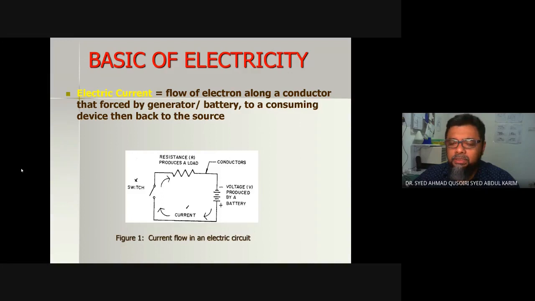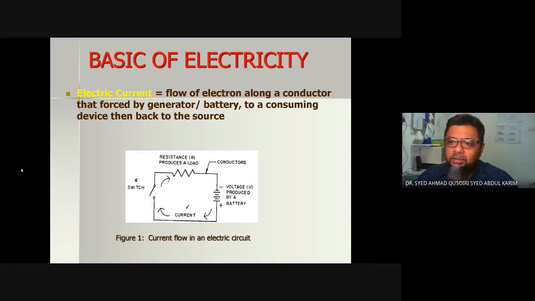So it's important for us to ensure that when we are using electricity, there is a load. So kalau tak ada load ni, it can be quite dangerous. That is the schematic drawing of current flow in an electrical circuit.